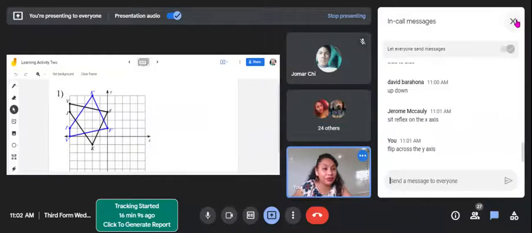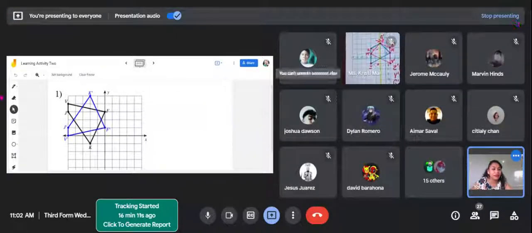Anybody? If we look at the diagram, and I told you guys, it has to be right in between F and F1, right in between J and J1, right in between V and V1, right in between K and K1, exactly in the middle of those.